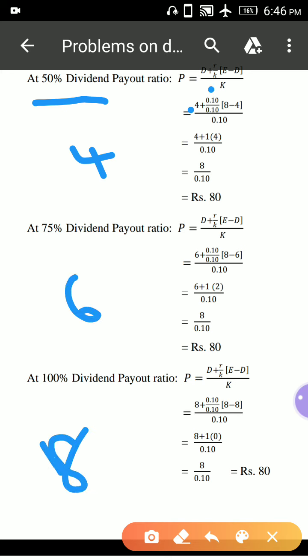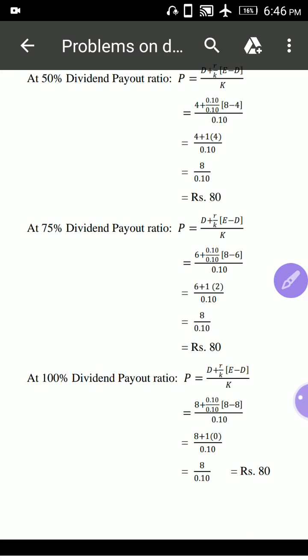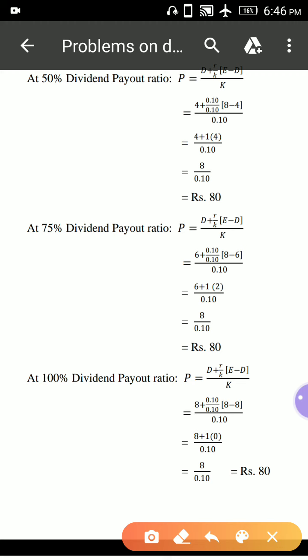So 4 plus 0.10 divided by 0.10 into (8 minus 4), dividend is rupees 4, divided by 0.10. 0.10 divided by 0.10 means 1 into 4, that is equal to 4 plus 4, 8 divided by 0.10, that is equal to 80.